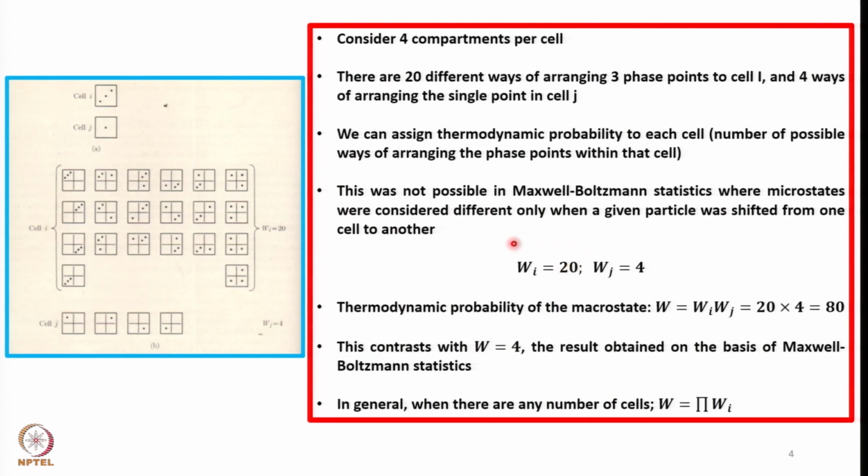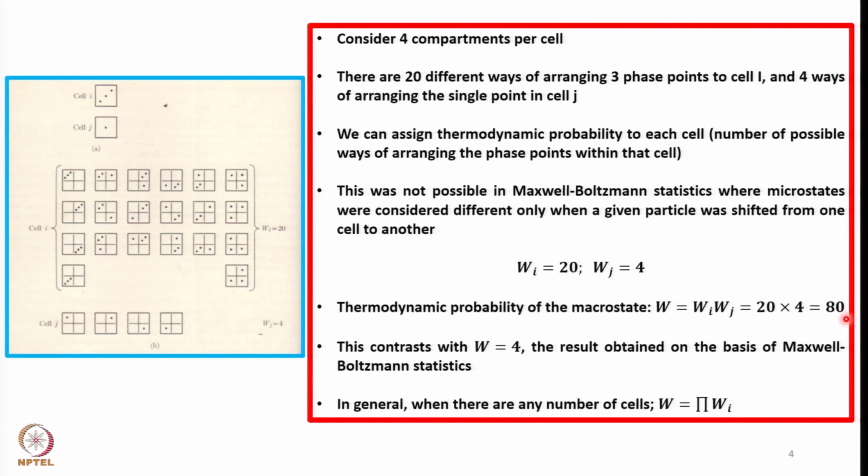In this case we have Wi equal to 20, Wj equal to 4. Therefore, the total thermodynamic probability of the macrostate is going to be the product of the 2. That is, overall W is Wi times Wj.